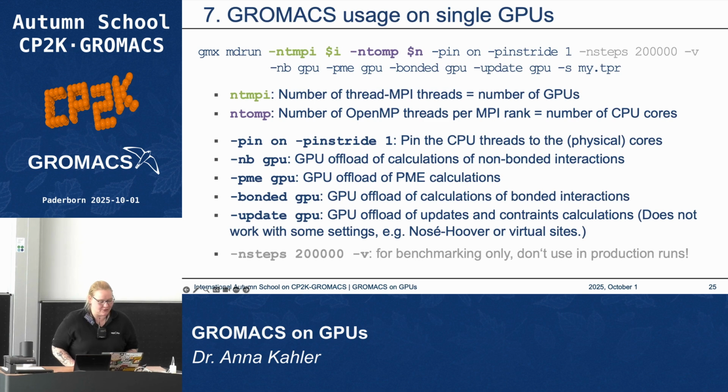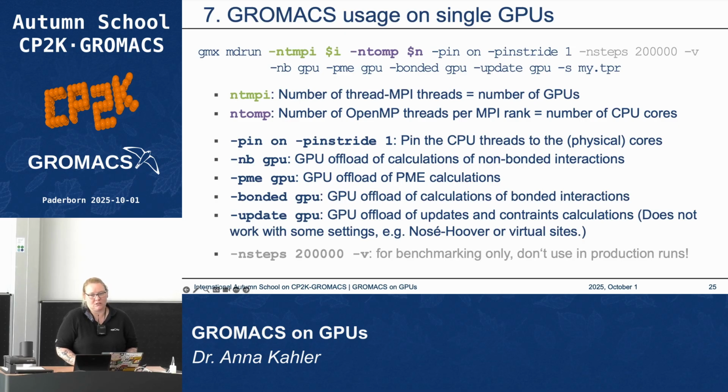Unfortunately, some of the settings do not work with all of the offloading options. So, for example, the Nosé-Hoover thermostat does not work with update GPU. Also, if you're using virtual sites in your system, you can't use the update version for GPU.